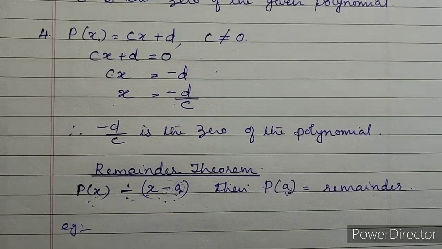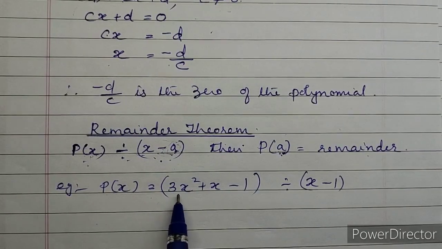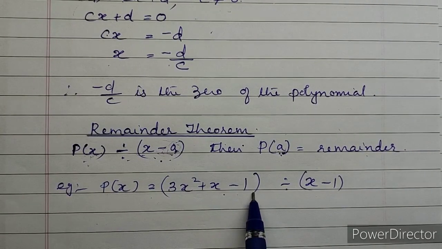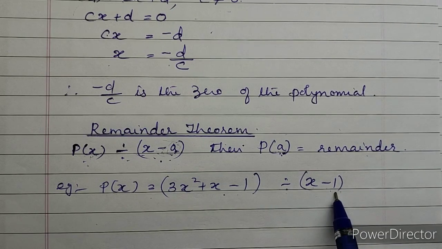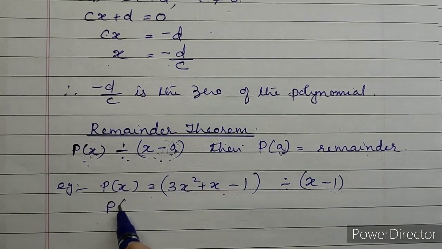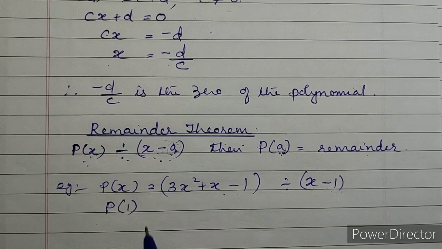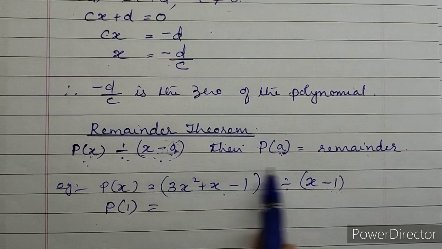Example, p of x is equal to 3x square plus x minus 1. It is divided by x minus 1. See, here it is minus 1. So you have to change the sign. It will become plus 1. So what you have to do? You have to find p of 1. That answer will give you the remainder of this division.